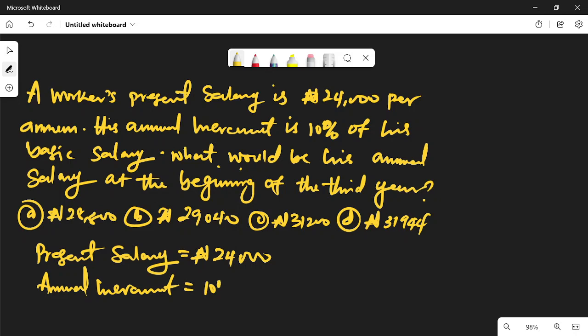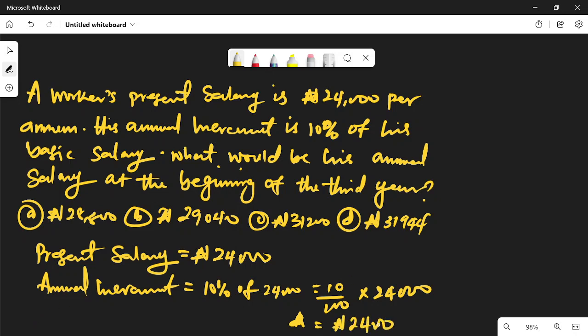So 10% of the basic salary is going to be 10 over 100 multiplied by 24,000. So the annual increment is 2,400 naira.